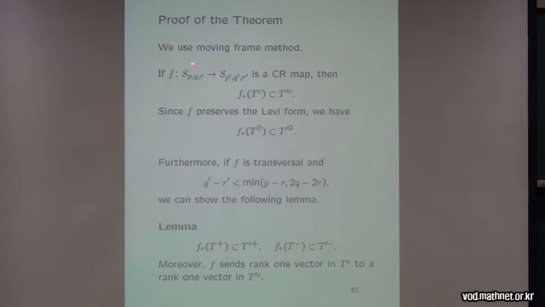Here it is quite similar. So we define the second fundamental form on t plus and t minus. That means t plus and t minus are preserved. So with this condition, we can see that t plus and t minus are always preserved.